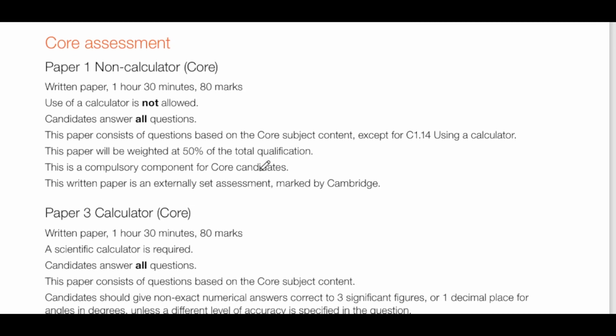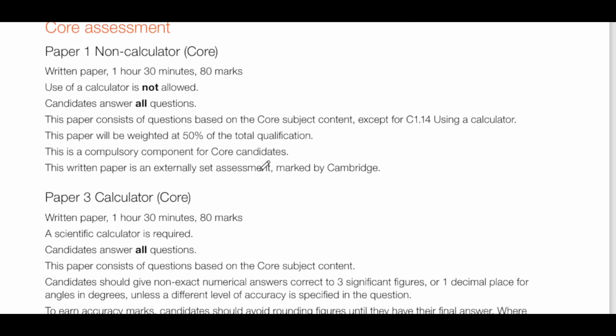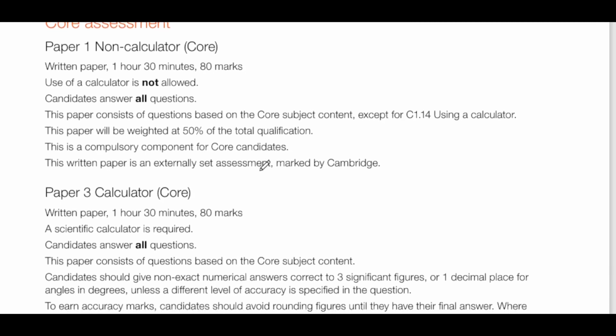Then again they have explained here the papers, what kind of paper and what are the requirements. For paper 1, it's non-calculator, 1 hour 30 minutes, 80 marks, calculator not allowed. Candidates answer all the questions. This paper consists of questions based upon core content except C1.14, using a calculator.